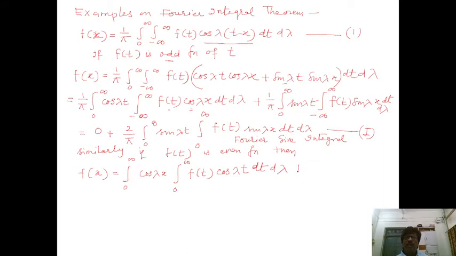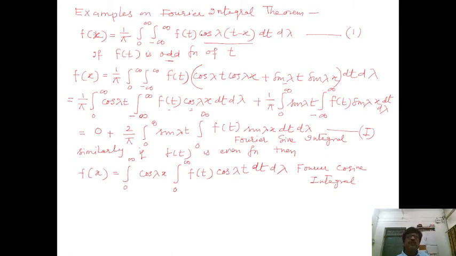So this is called the Fourier cosine integral.